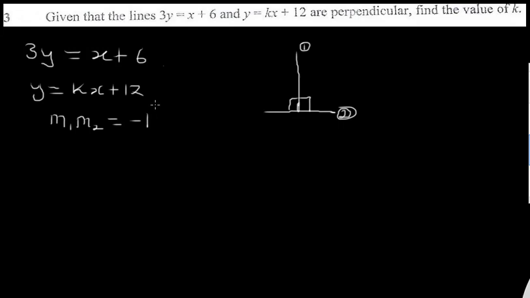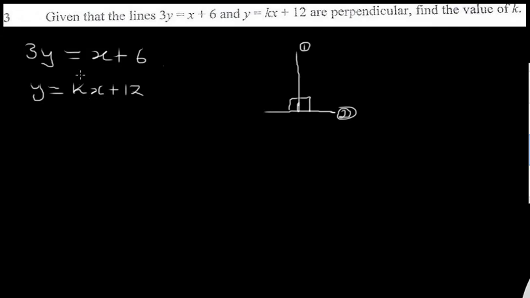Okay, so when you're dealing with perpendicular lines, the product of their gradients is always negative 1. So now let's see how we can work with that information and solve this question. So given that lines 3y equals x plus 6 and y equals kx plus 12 are perpendicular.